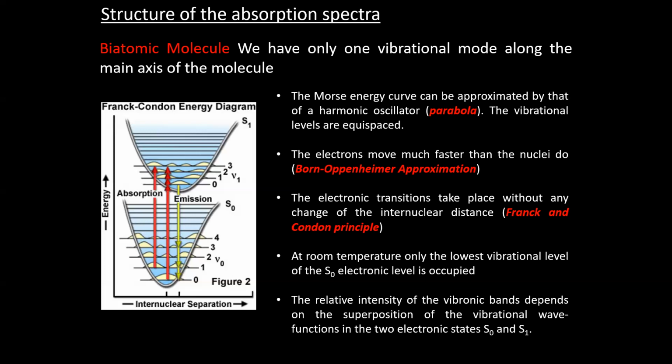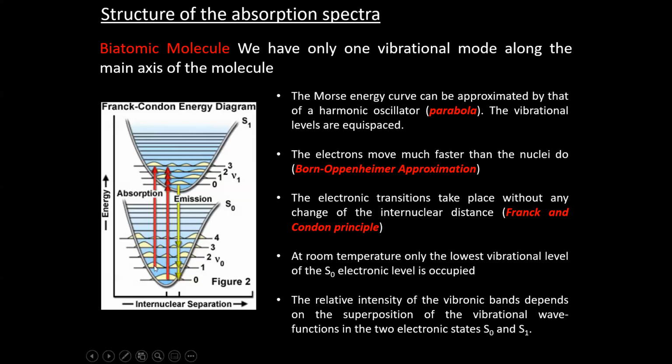And when they go to the excited state, they are described by a different wave function. So the electrons move a lot, they change configuration. But this transition is so fast that during the transition, the nuclei do not move. So it is as if the backbone of your molecule is frozen when you change the electron distribution.